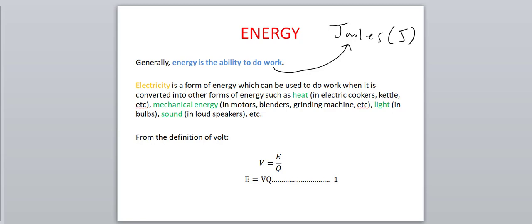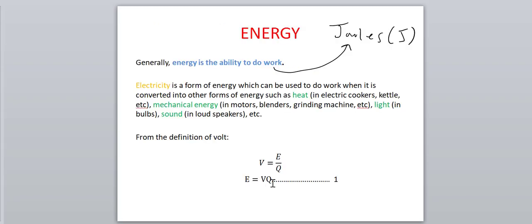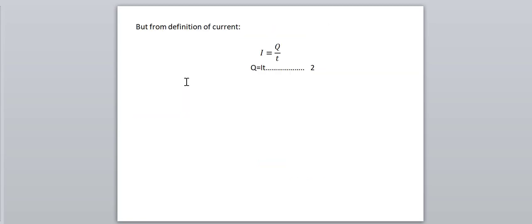Then we can also progress and do something with that. From the definition of current, we say current is the rate at which charges flow, or the quantity of charges per unit time. So from this formula, Q equals IT. Now, if we substitute this into equation 1, remember that equation 1 is energy equals VQ. Since Q is IT, we can put it in here.